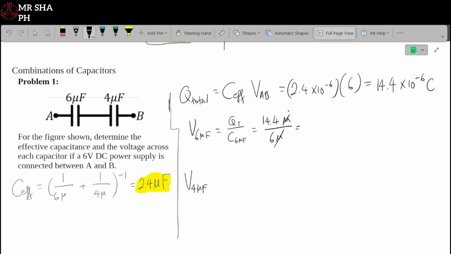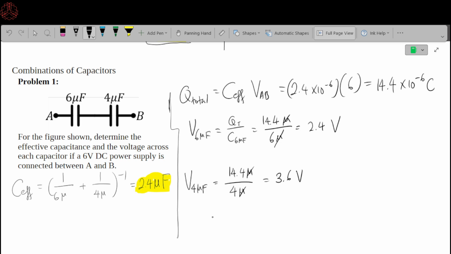I can just cancel out the mu's. What I'm left with is 2.4 volts. The same goes for the 4 mu farad, which is 14.4 mu over, sorry, not 6, but 4 mu, which leaves me with 3.6.